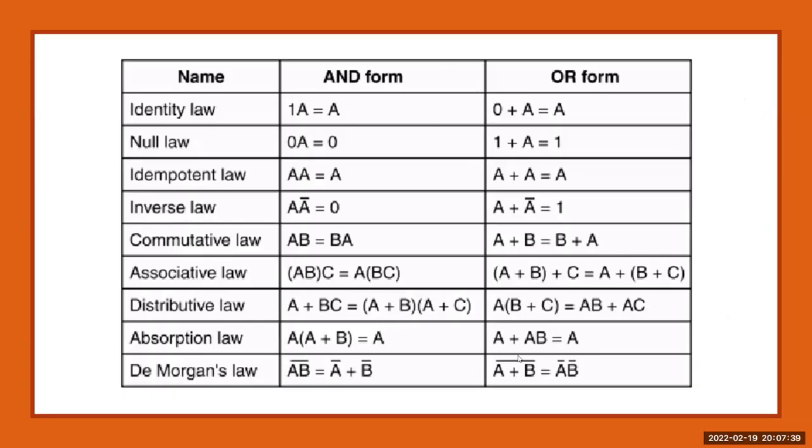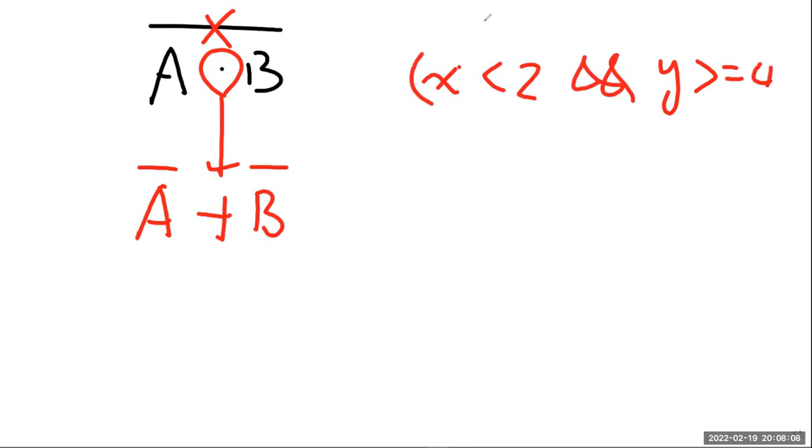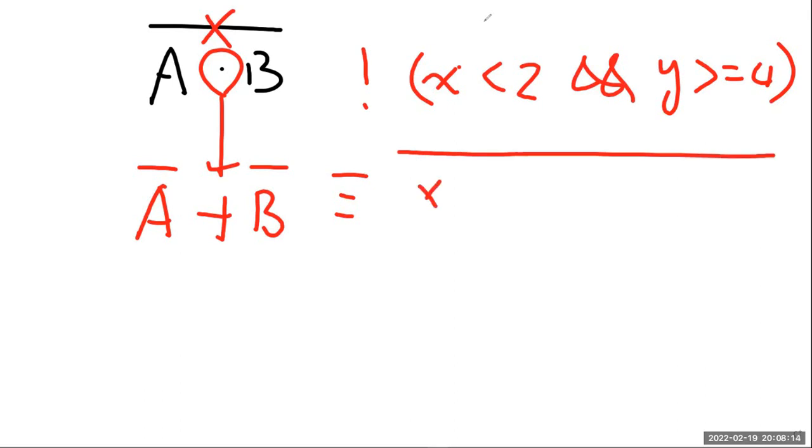Let me try one more time with the and, okay? If you have A and B with a bar over it, you break the bar and convert the and to or. So you become not A or not B, okay? Written in Java, this time let's try X less than 2 and Y greater than or equal to 4. Its negation is equivalent to: X less than 2 and Y greater than or equal to 4, with a bar.